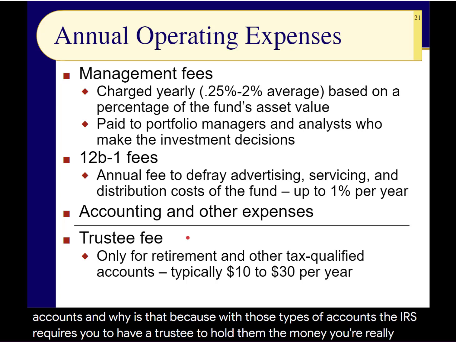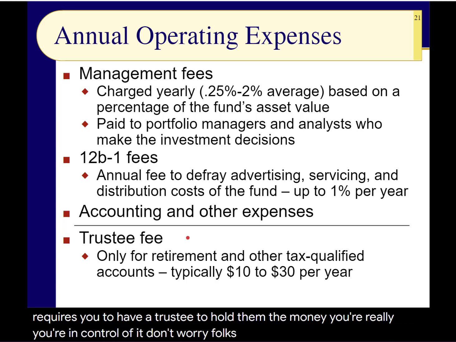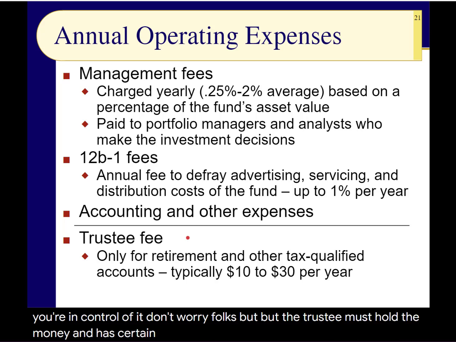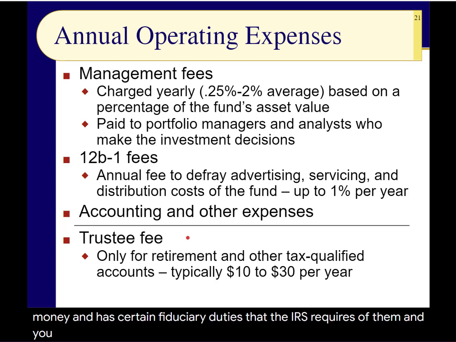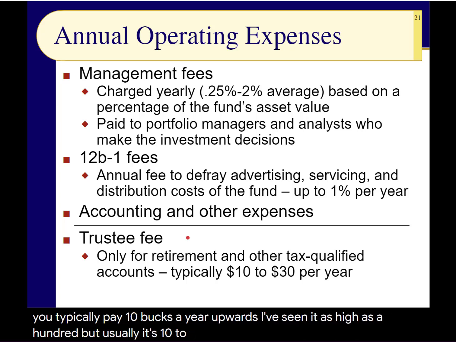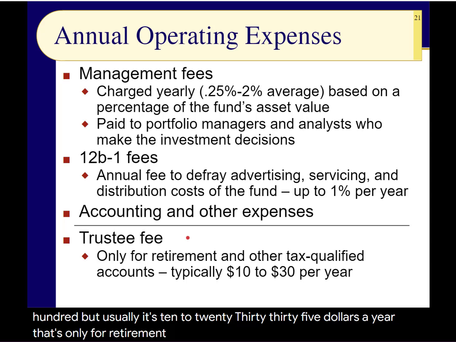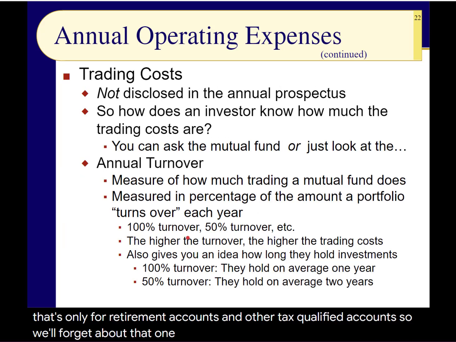You're in control of it, don't worry, folks. But the trustee must hold the money and has certain fiduciary duties that the IRS requires of them. And you typically pay $10 a year, upwards. I've seen it as high as $100, but usually it's $10 to $20, $30, $35 a year. Okay, and that's only for retirement accounts and other tax qualified accounts. So we'll forget about that one. But we will discuss the other three in detail.